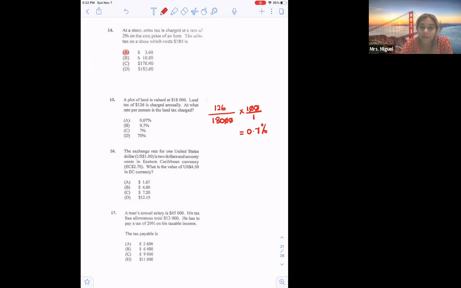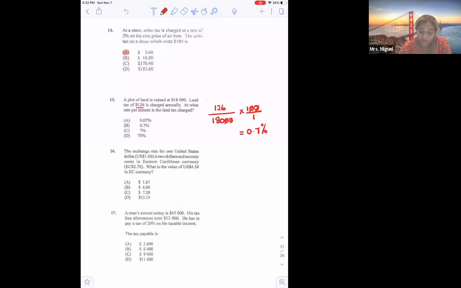When we divide it by 100, we will get 126. So sometimes they give you the rate and they ask you to find the tax. In this question, they gave you the tax and they ask you to find the rate. So pay attention what is being asked in the question.